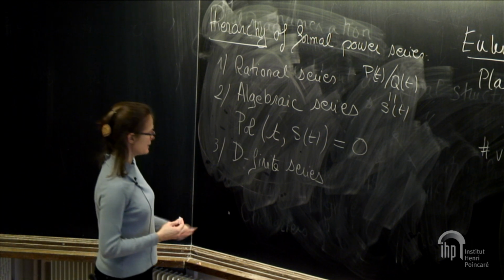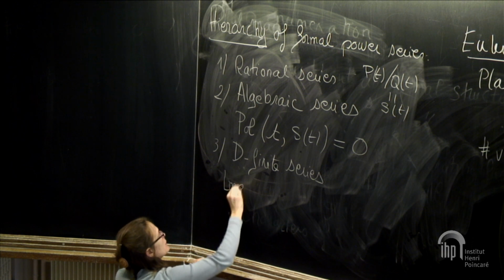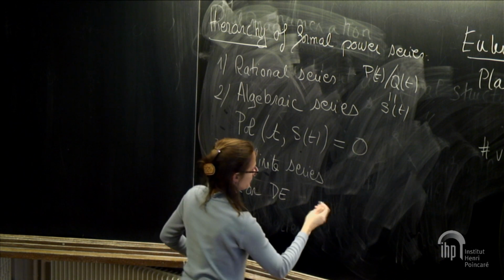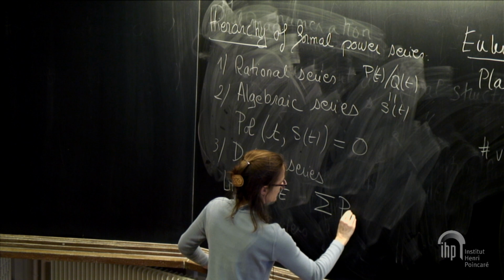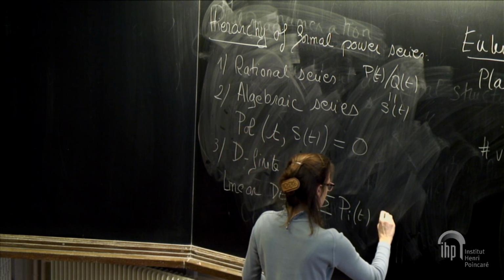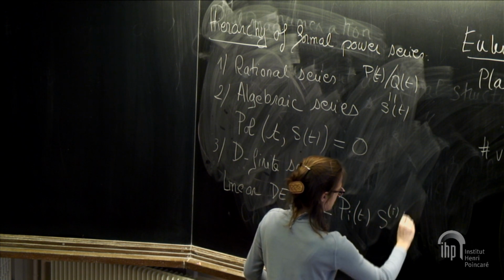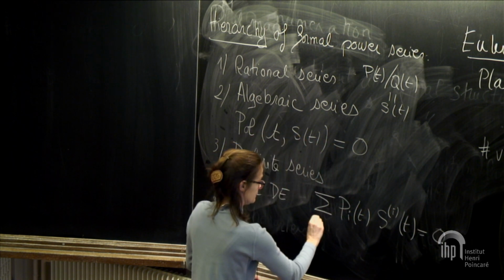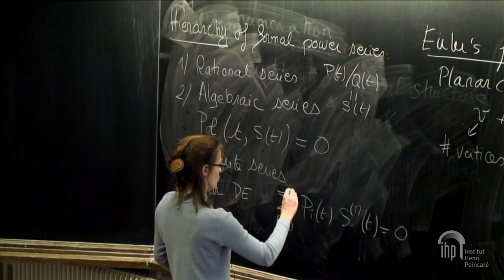So the D-finite series are those that satisfy a linear differential equation. So of the form, the sum, so you have polynomial coefficients, and then you have the ith derivative of your series, and this should be 0 for i from 0 to some order d.